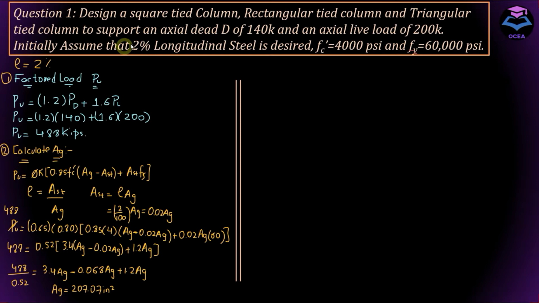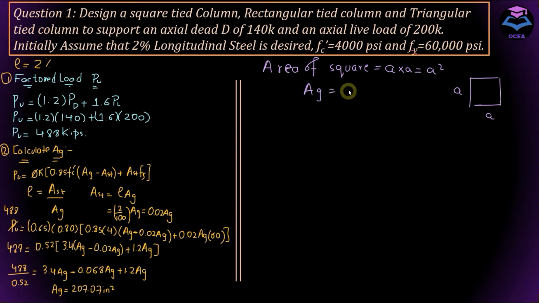First I'm going to design a short square tied column. Let's assume that each side of the square is equal to A, and the area of square is A multiplied by A, which is equal to A square. Now you need to equate the area of square with the gross area of section, that is, Ag is equal to A square, and Ag is equal to 207.07.